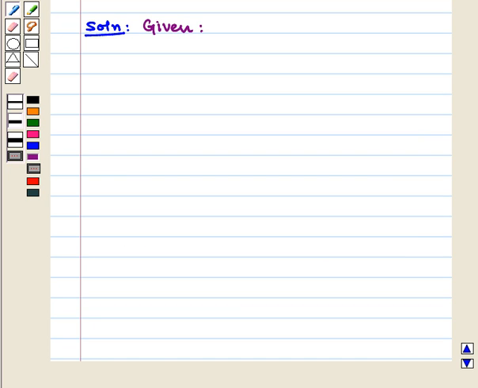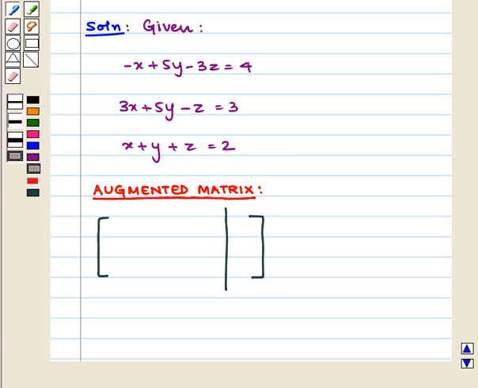We are given the following system of equations: minus x plus 5y minus 3z equal to 4, 3x plus 5y minus z equal to 3, and x plus y plus z equal to 2. First we write its augmented matrix.